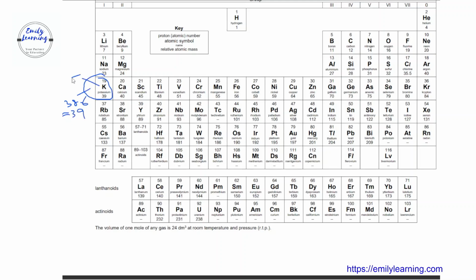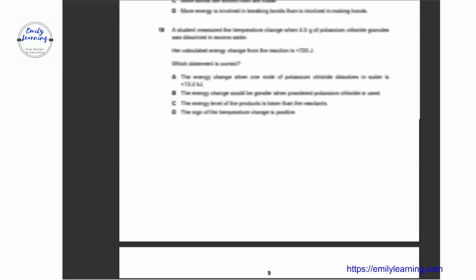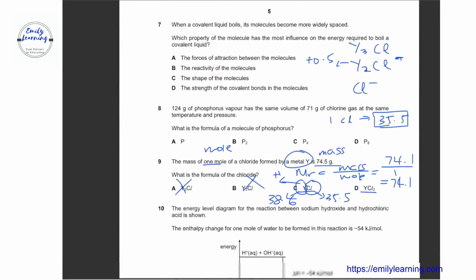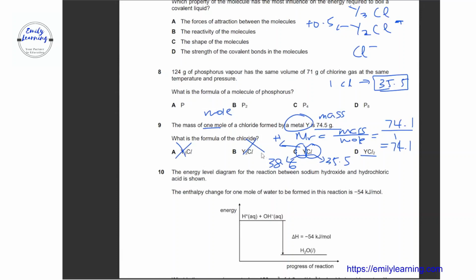Potassium also has a charge of +1, so very likely possible. So this YCl is actually KCl. So C is possible, because K has an AR of 39, which is very close to 38.6, because your data booklet periodic table is basically rounded off. So 38.6 rounded off is 39, so likely it is K.